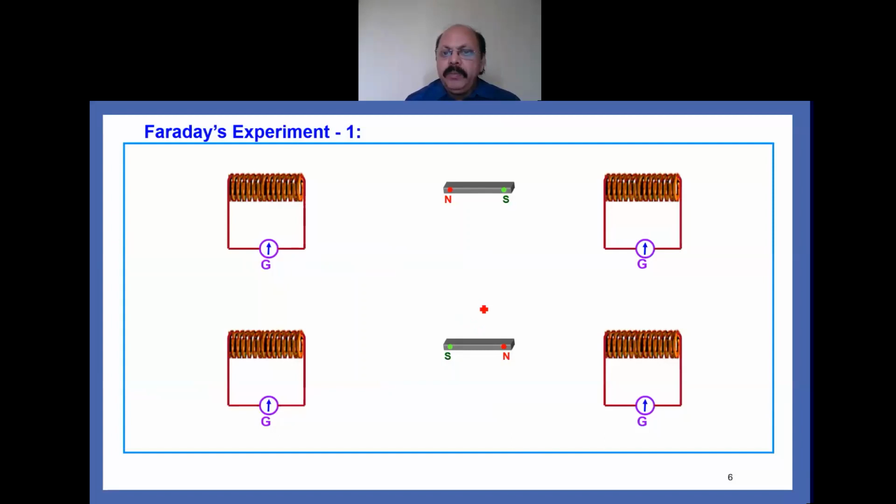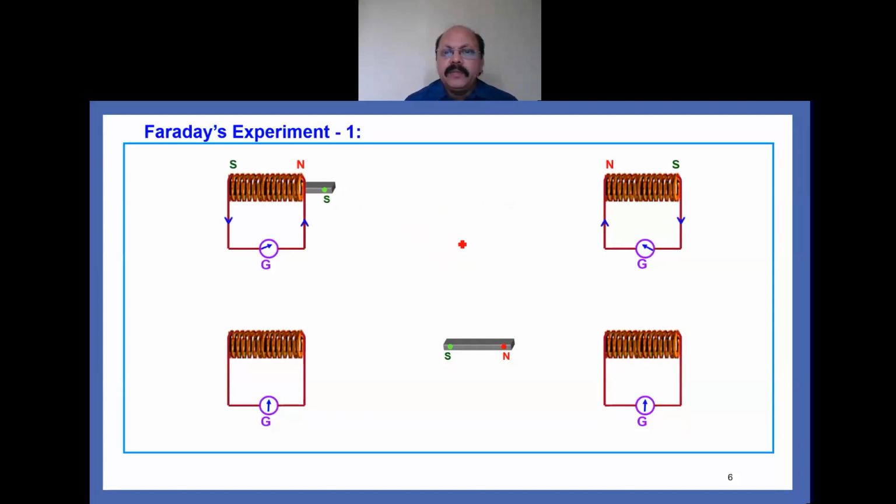Similarly, when we reverse the polarity of the magnet, here it is north-south and here it is south-north, the deflection again takes place in the galvanometer due to the motion of the magnet. So whatever we have explained earlier, you can see here also.